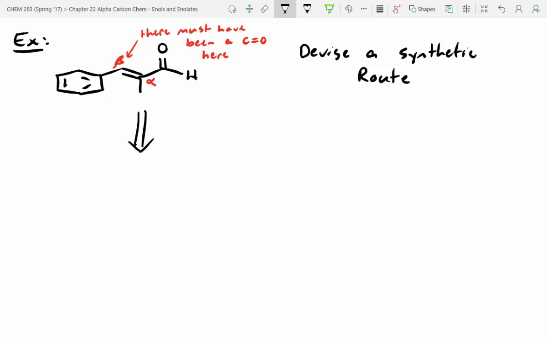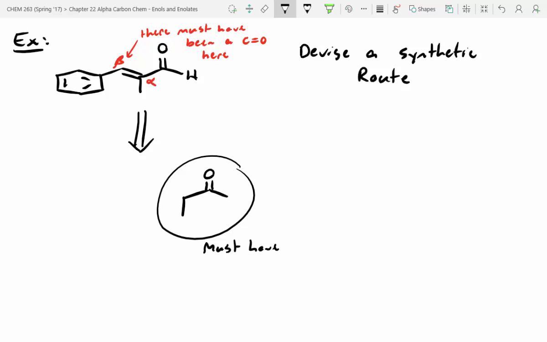Okay, so let's focus on the right-hand side. That's pretty straightforward. We know that this one must have been our enolate. Okay, that's pretty straightforward. Now we've got to figure out what the heck's going on with the other side. What do you think our other starting material must have been?